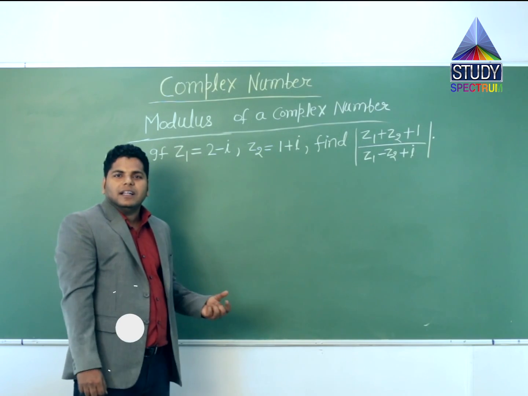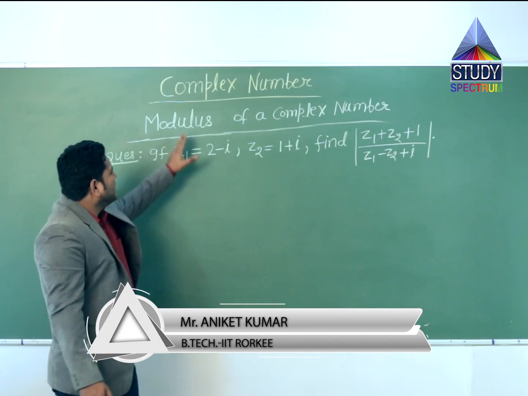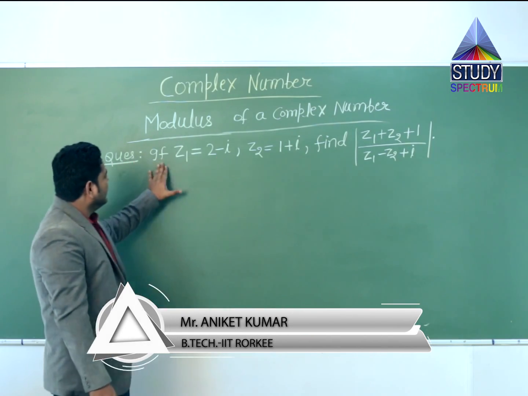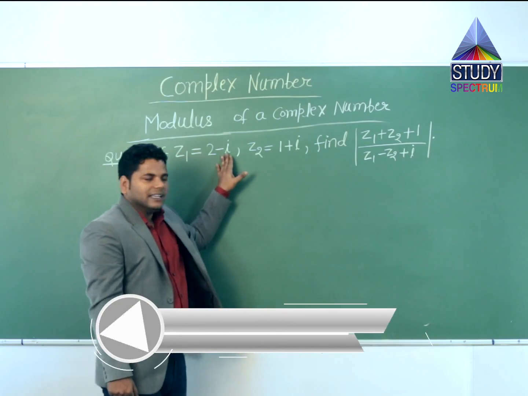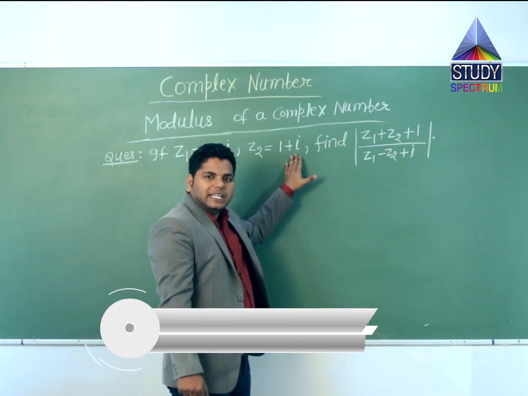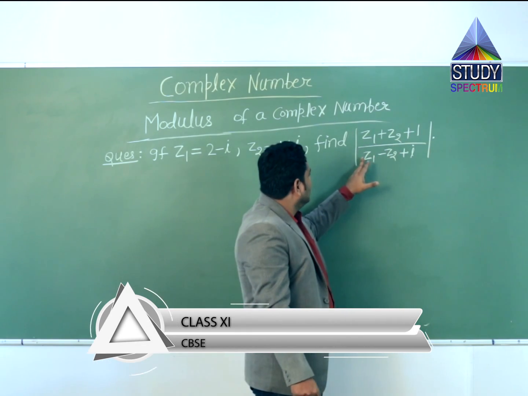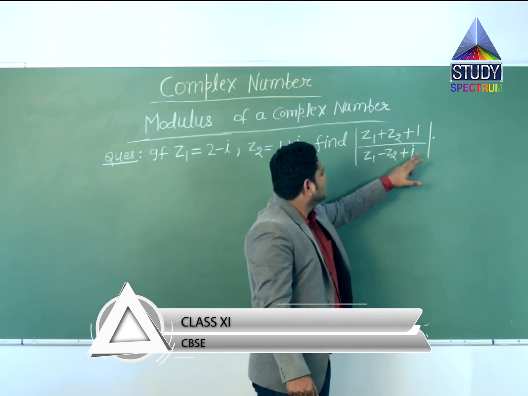Now let us do some questions based on the modulus of a complex number. The question is: if z1 equals 2 minus i and z2 equals 1 plus i, find the mod of z1 plus z2 plus 1 upon z1 minus z2 plus i.